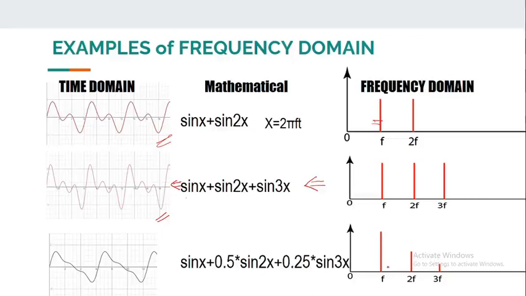If such a frequency domain signal is given, we can find its time domain shape like this. Just graphically add these three waveforms and we will get a shape like this. This is the interconnection between frequency domain and time domain.